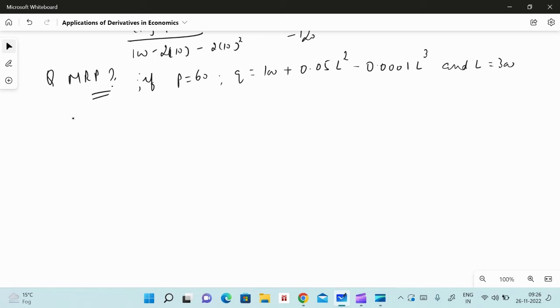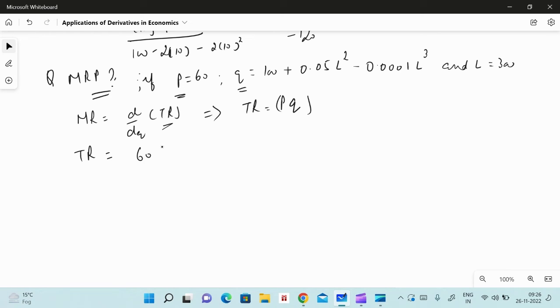If you remember, marginal revenue is the derivative of total revenue, and total revenue is calculated by P into Q. So we will calculate total revenue first, and then take its derivative.